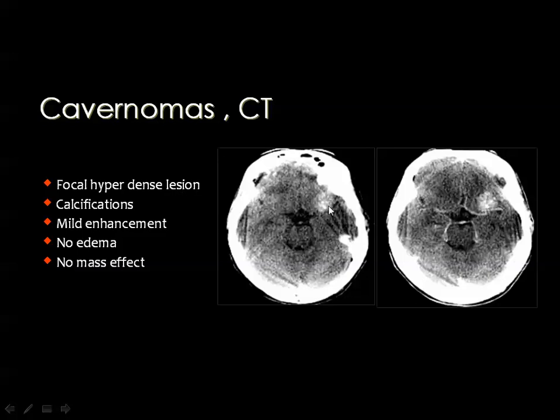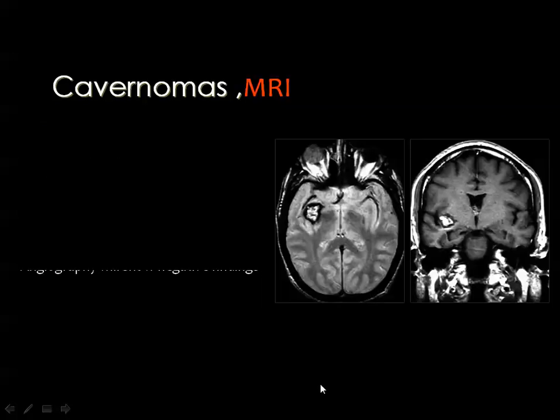And this is the pre-contrast and this is the post-contrast. And you see a focal hyperdense lesion, and it will show hyperdensities inside, usually due to calcium. And if you inject the contrast, it will show minimal enhancement. And it is not usually surrounded by edema, and if it is in the usual range of size, it does not exert any mass effect.